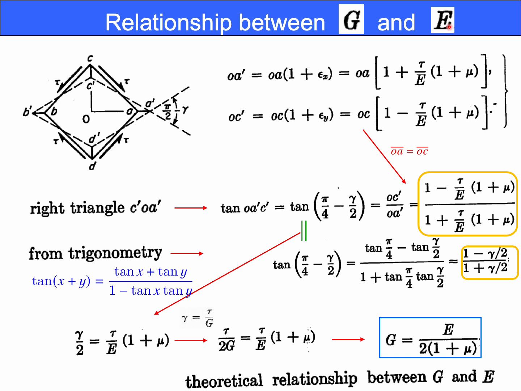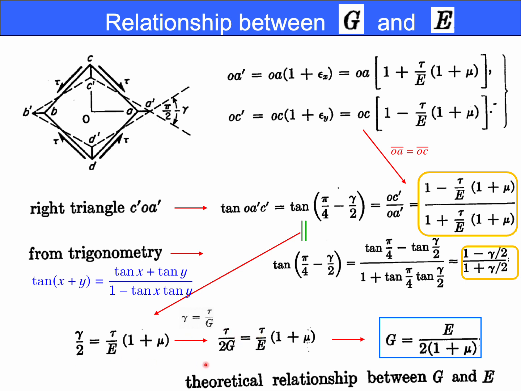And by using this formula of trigonometric functions, we can convert this value like this, and this becomes this. Okay? And we use that tangent gamma over 2 is approximately the same as gamma over 2 when gamma is very small. All right? Therefore, gamma over 2 finally becomes tau over E times 1 plus mu.